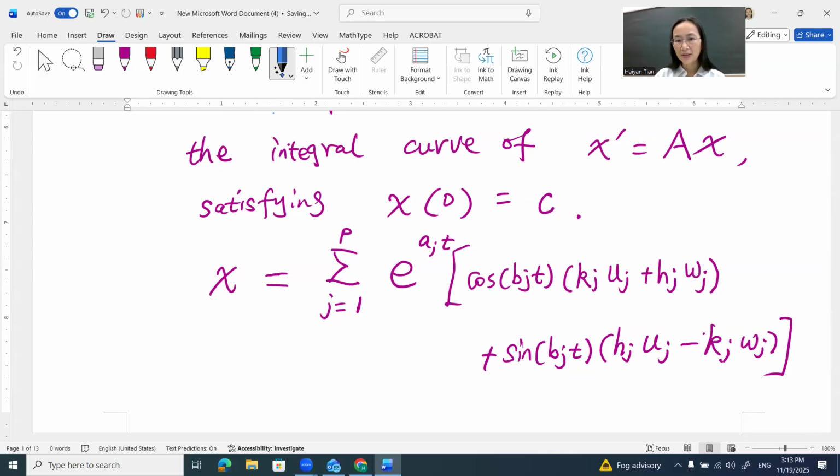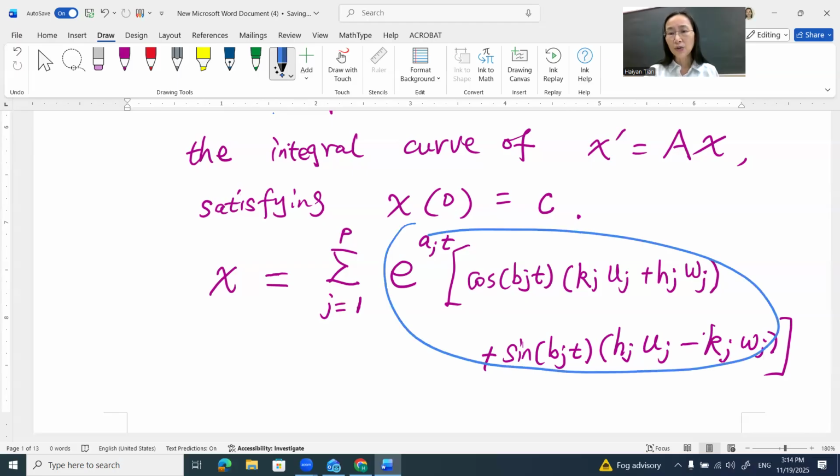When j is 1, it's e to the a_1 t cosine b_1 t, and you will use u_1, w_1, and here you will have k_1, h_1. So for each j you have such a component.